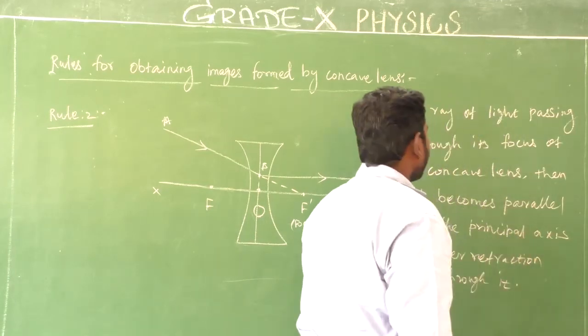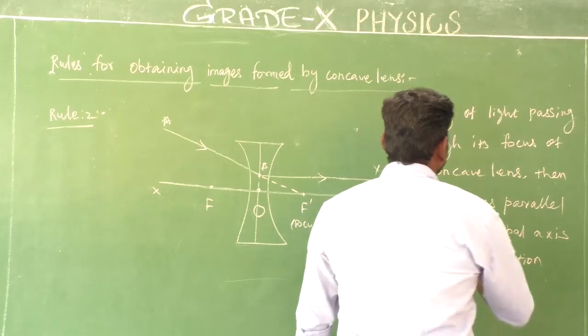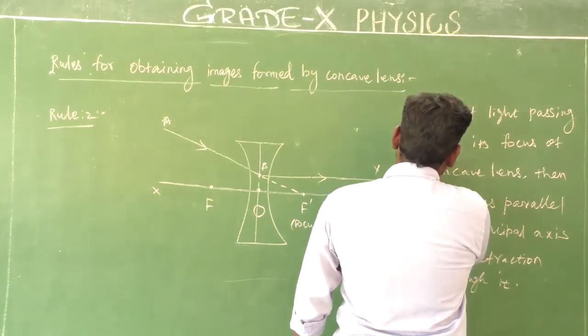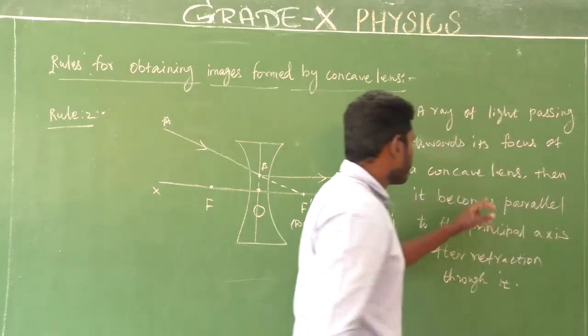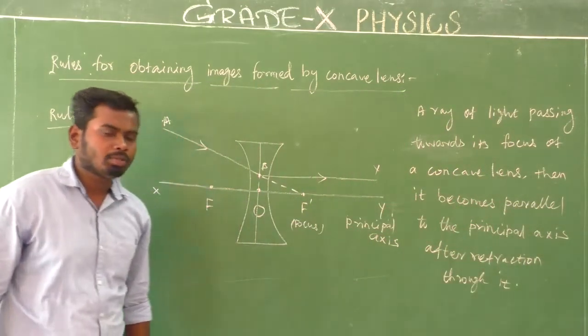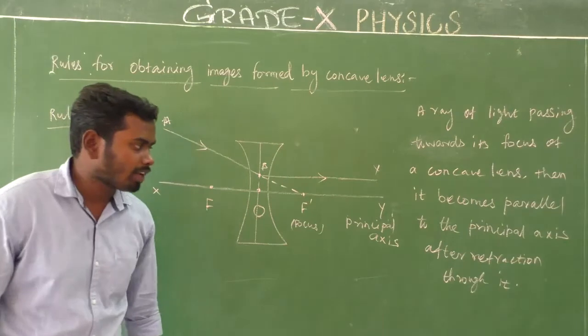A ray of light passing towards its focus of concave lens, then it becomes parallel to the principal axis after refraction through it.